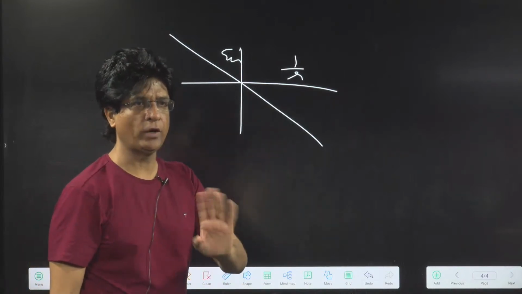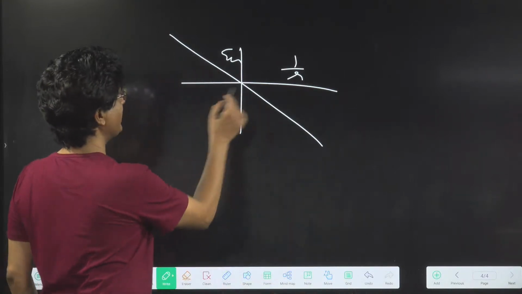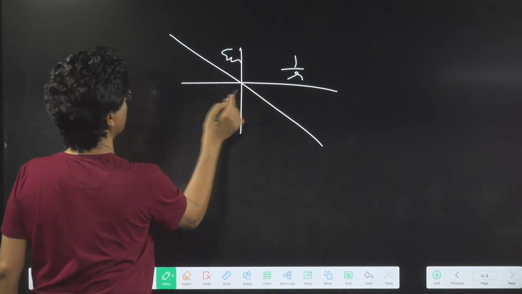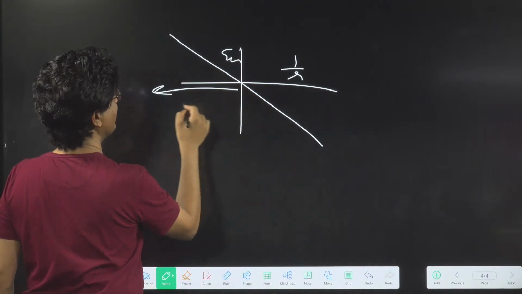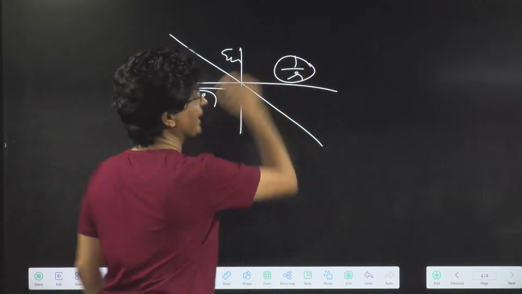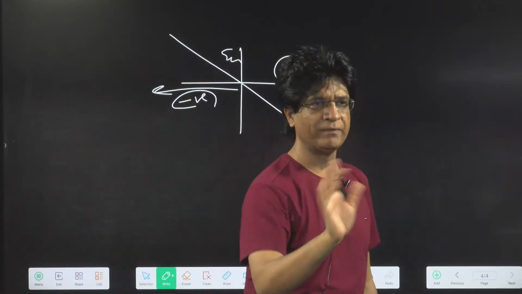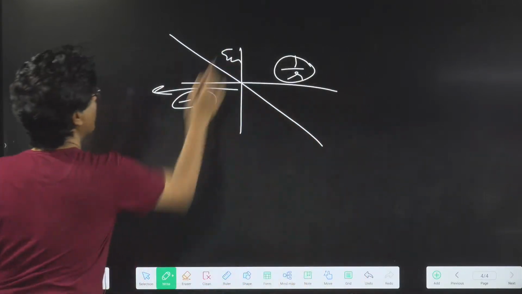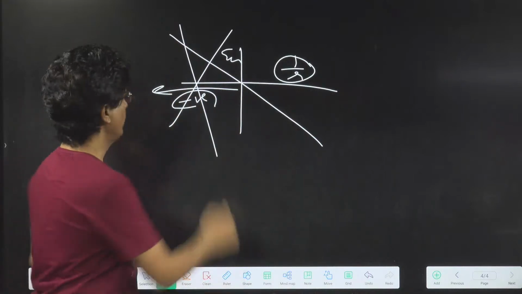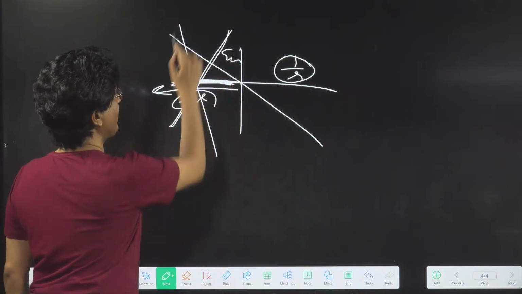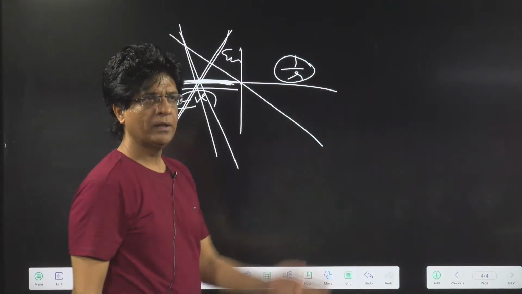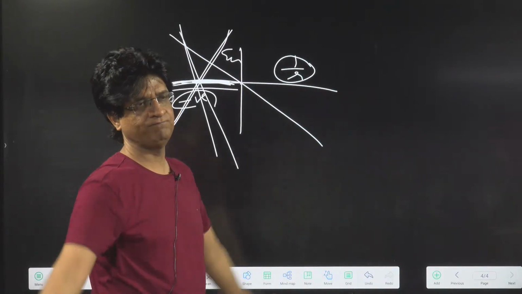No, we cannot do it. The reason is that over here, this part, 1 by R will be negative, and radius is never negative. Are you getting it? So this part is not allowed at all. These parts of the graphs are not allowed. Radius is never negative.